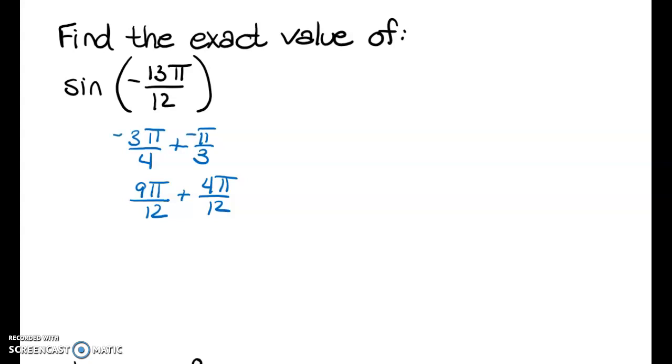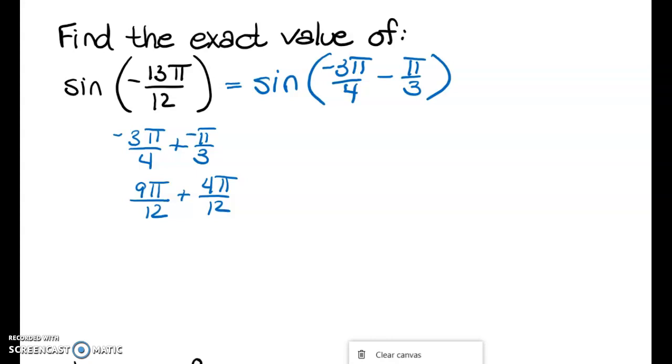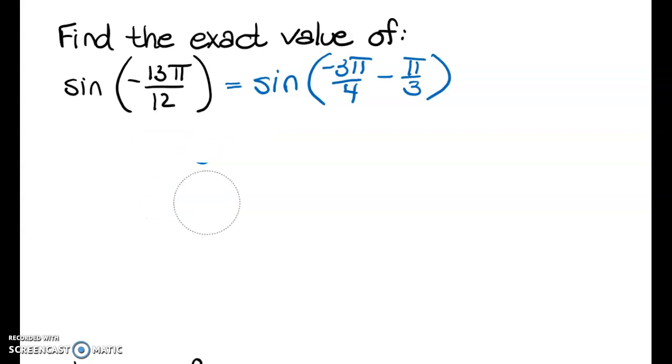All I have to do is put negatives in front of them. So this is the sine of negative 3 pi over 4, and it doesn't matter which way you put them in, minus pi over 3. So I'm going to use my formula for the difference of angles for sine.